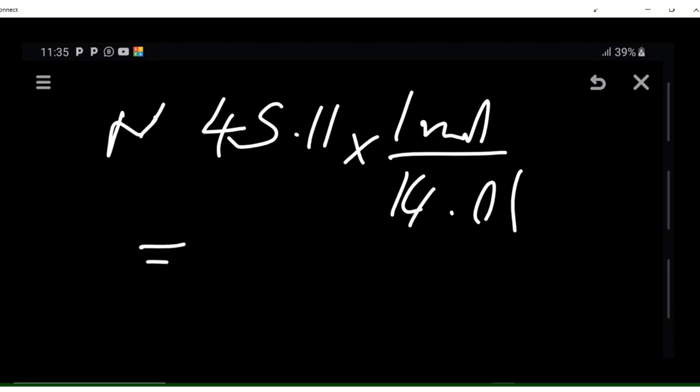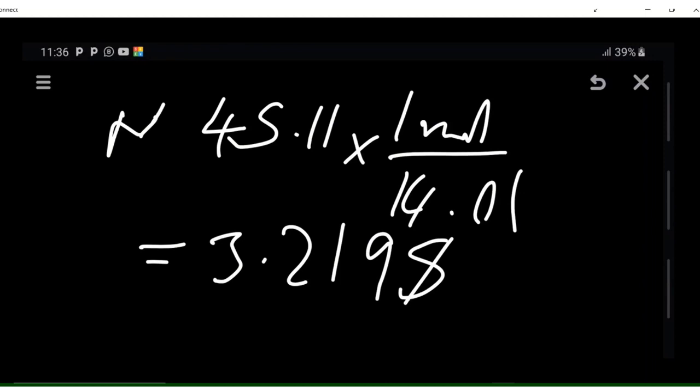So 45.11 divided by 14.01, you get 3.2198, the same answer as the first one.